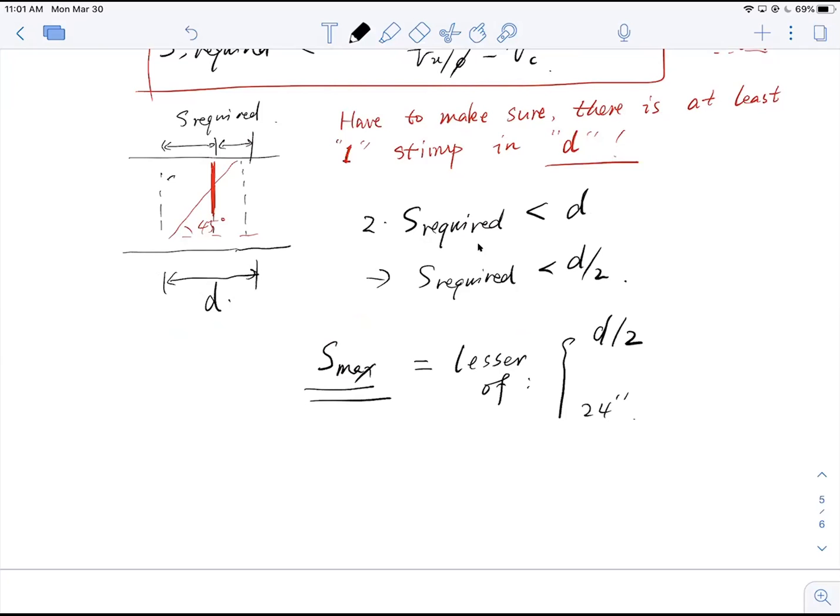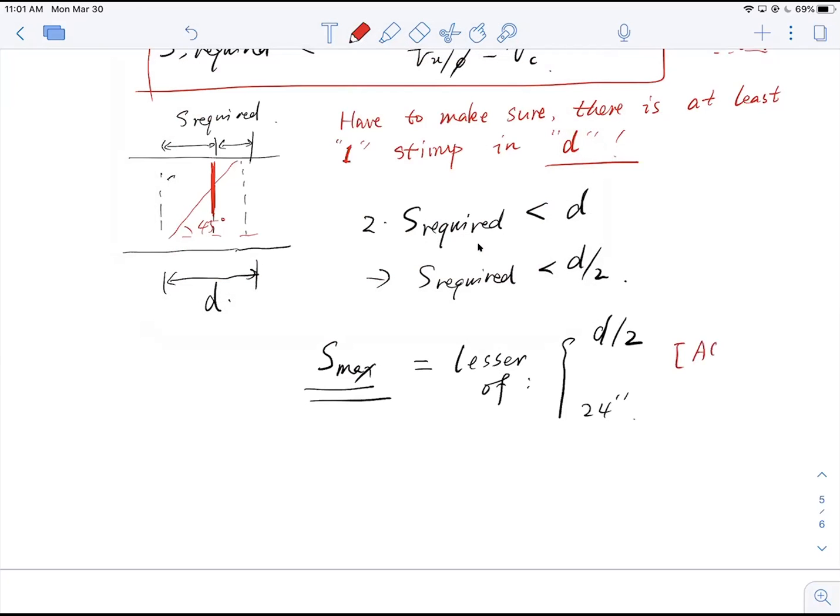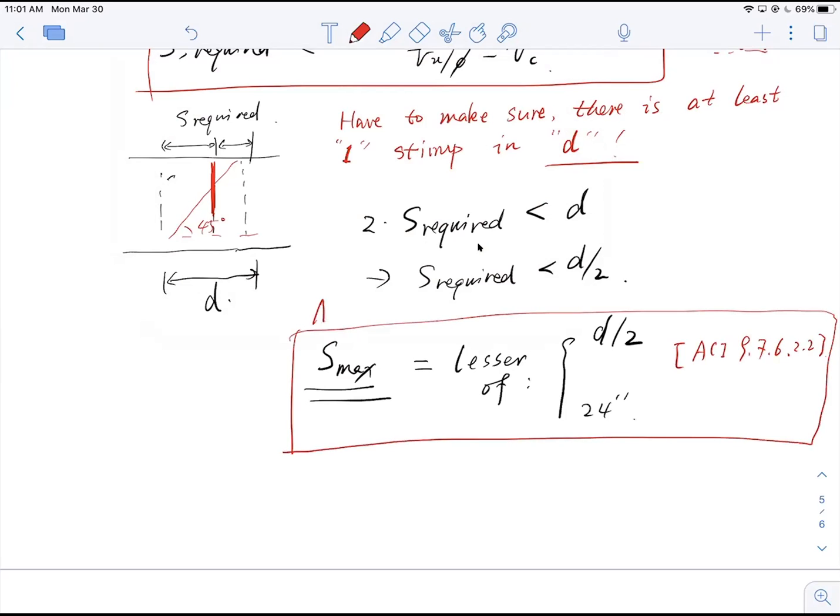You can find this in ACI 9.7.6.2.2. So that is the maximum spacing requirement, meaning the maximum spacing you can put your stirrups after it satisfies the spacing requirement from calculation.